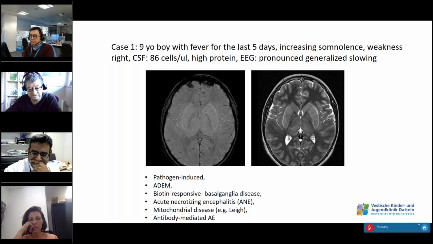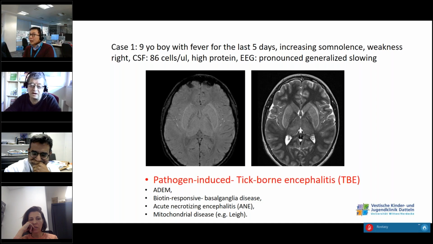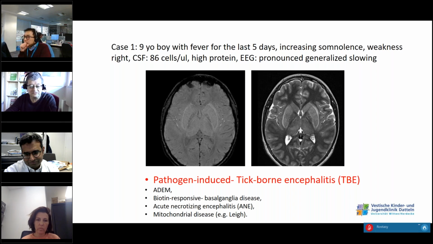I was very surprised that it actually turned out to be a pathogen-induced encephalitis, a tick-borne encephalitis. Going back into the literature and looking at children who end up in a rehabilitation center with tick-borne disease, they often have this type of MRI pattern with thalamic, putamen and striatal involvement. So if you see a child on day one, it is often very difficult to say what the final diagnosis will be.